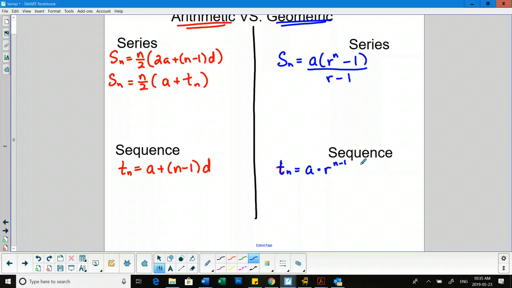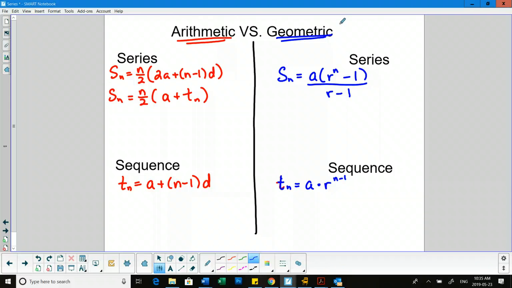So anytime I'm working with geometric, I am going to see an R value. Although I'm giving you this formula but not labeling it, you should be able to use your knowledge of arithmetic and geometric and decide which formulas are which. So here we see the R value, and the R value here. That is telling us we're working with something geometric.